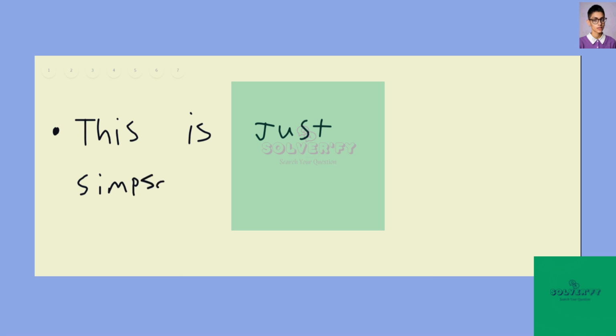So this is just Simpson's rule with twice as many subintervals.